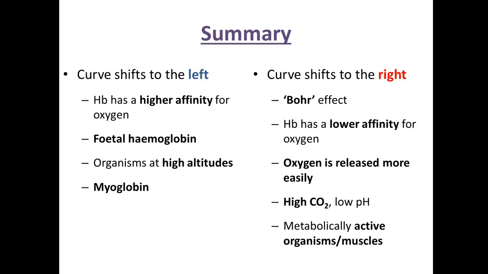If it's high carbon dioxide, that will dissolve in the blood to make the pH lower, make it more acidic, which changes the shape of the haemoglobin to make it have a lower affinity. So you tend to find lower affinity haemoglobins in metabolically active organisms or ones that the muscles are very active.